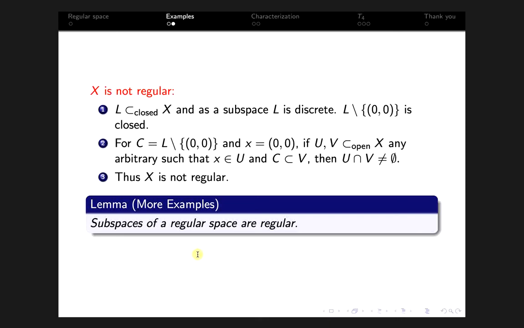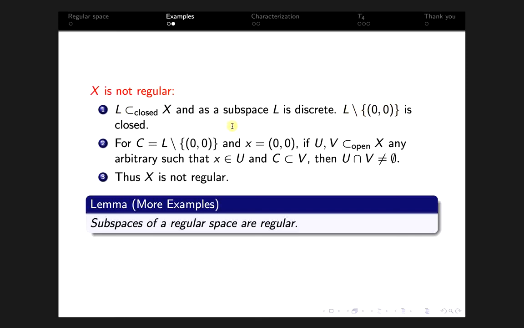Okay, so here we have arguments for why X is not regular. For example, if you take the point 0 comma 0, that we denote by x. Suppose x equals the point 0 comma 0 in X, and now we consider the closed subset of X, L minus the singleton set 0 comma 0.